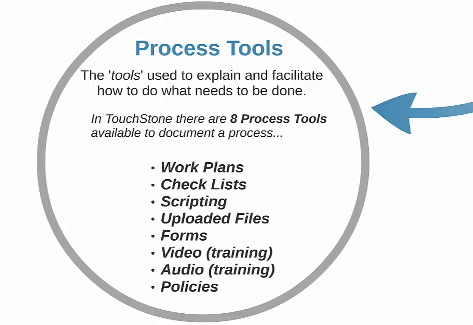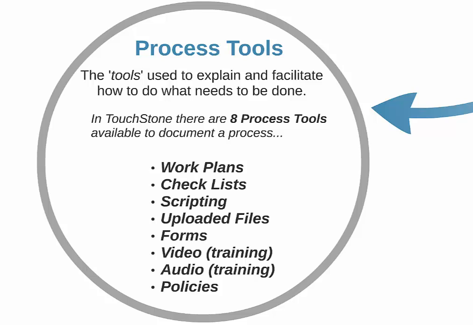Work plans, for example, are the detailed sequential workflow. Do this, then do that, do this, then do that, etc. Step by step, the written instructions on how to do what needs to be done with key performance indicators, standards and behavior, expectations, and all the things that are wrapped around what most people think of a process to be.